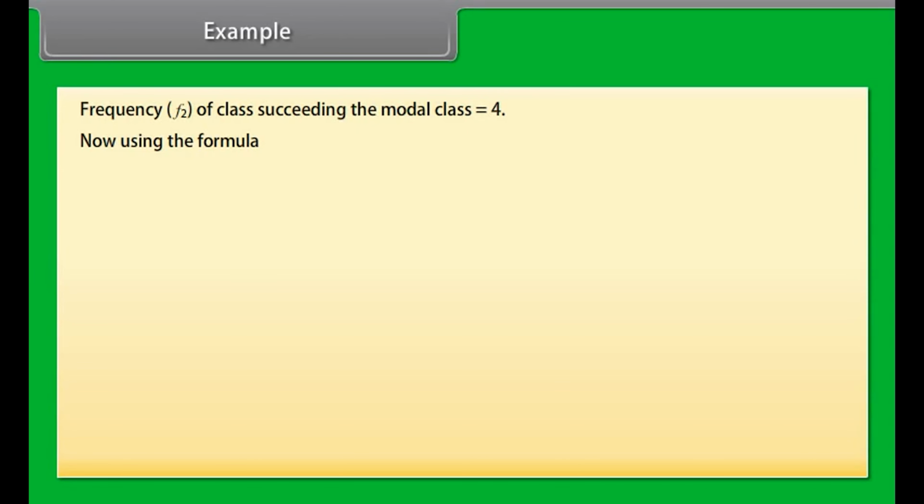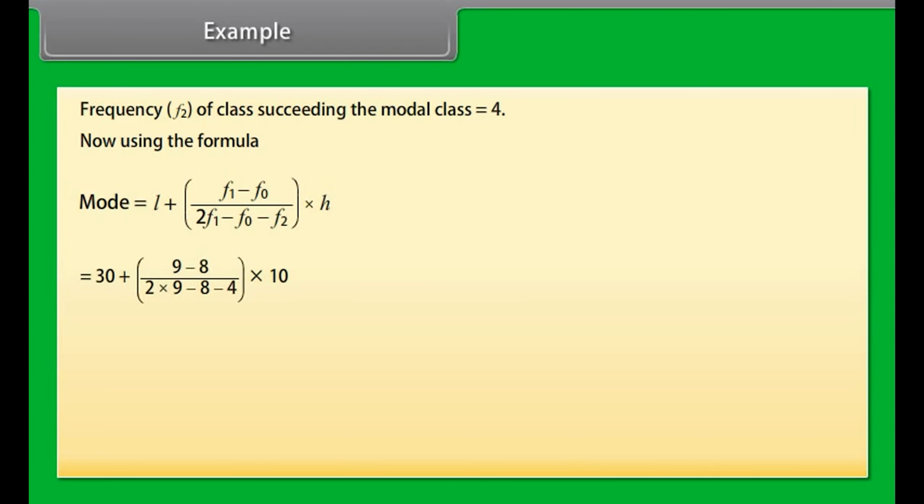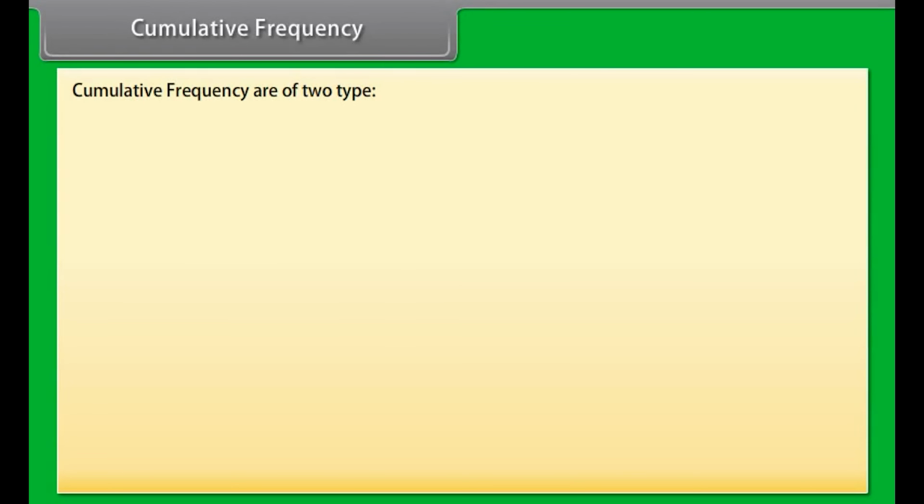Now, using the formula L plus f1 minus f0, divided by 2f1 minus f0 minus f2, multiplied by h, we will find the mode as 30 plus 9 minus 8 by 2 into 9 minus 8 minus 4 into 10 equals 30 plus 10 by 6, which equals 30 plus 1.67 equals 31.67.